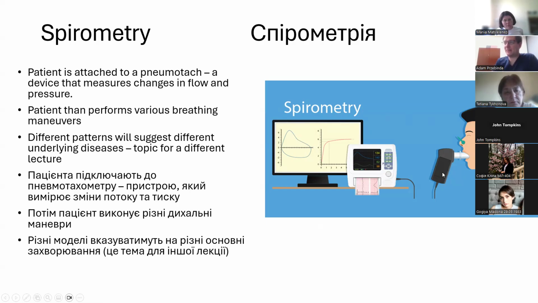This is a device that measures changes in flow and pressure. You put a little nose clip on, and the patient can perform various breathing maneuvers. You'll get a couple of graphs generated depending on their airways and lungs. You will have different patterns that can suggest different diseases, and that's a topic for a different lecture. But spirometry is the oldest, the gold standard for pulmonary function testing.